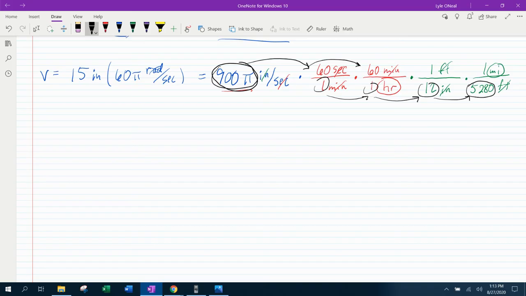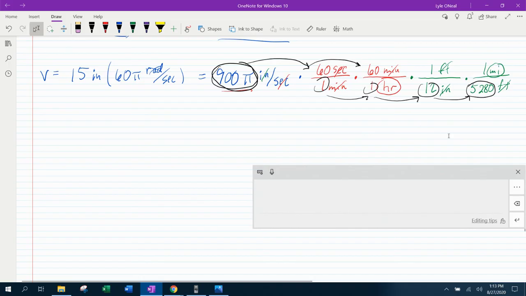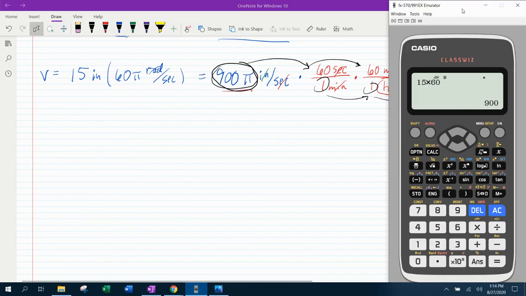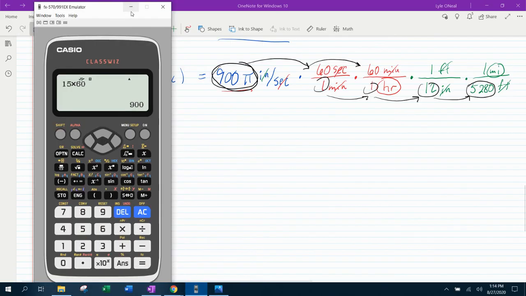Okay, so let's pull up our calculator. And let's bring this over here where we can see. What did I say? I said we want to do 900 pi times 60 times 60. Wow, that's a big number, okay? So that's going to be our numerator.